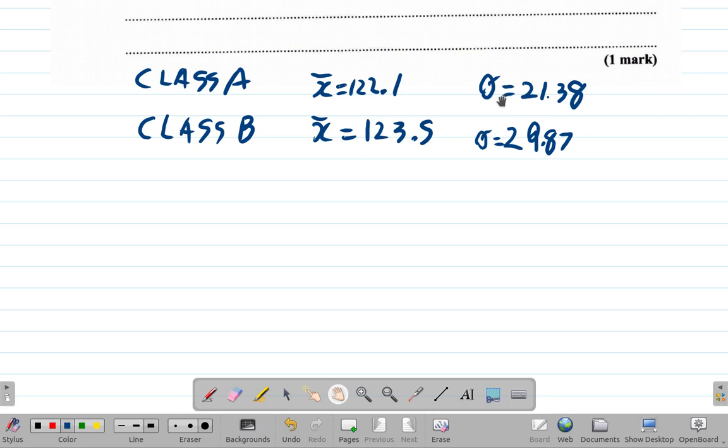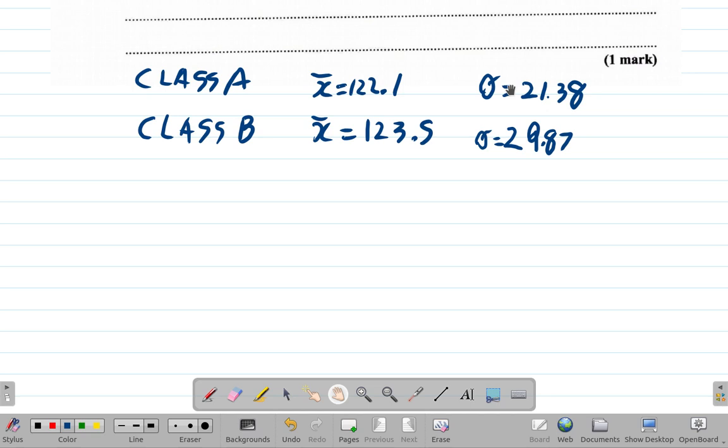What you can say here is the spread, the variation, of class A has a more stable or less varied range of heights.